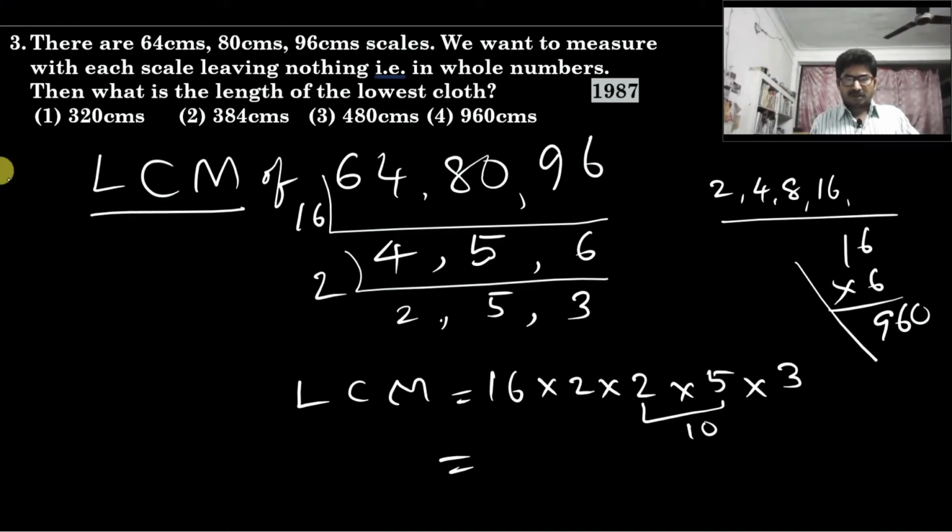So this is the method of finding multiplication easily. So 960 is the answer. Option 4.